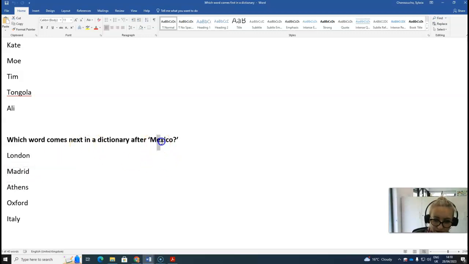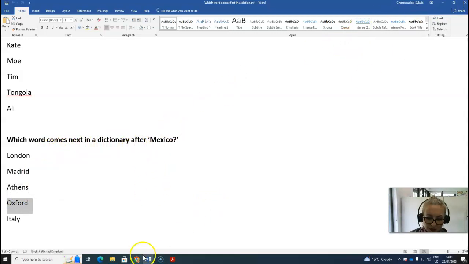So after M in Mexico is E. Here we've got A. So Madrid will be before Mexico because A is before E, right? So there's no other words with M. So after M, what's the next letter in the alphabet? O, right? So to answer this question, Oxford will come next in a dictionary after Mexico.